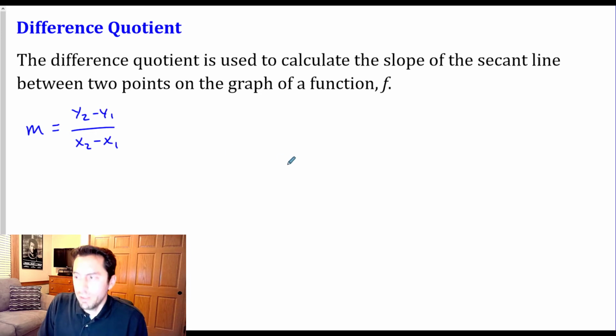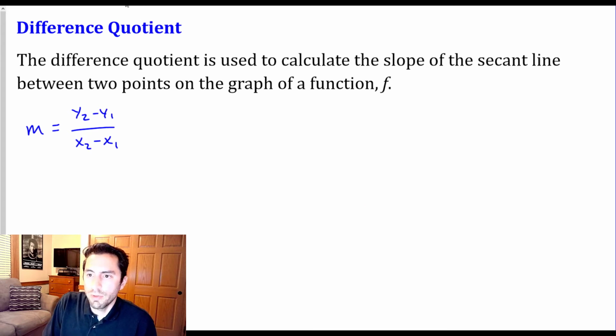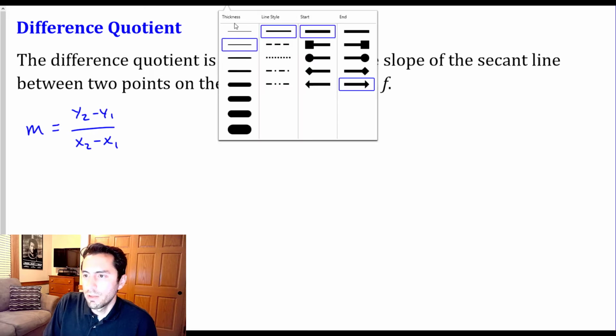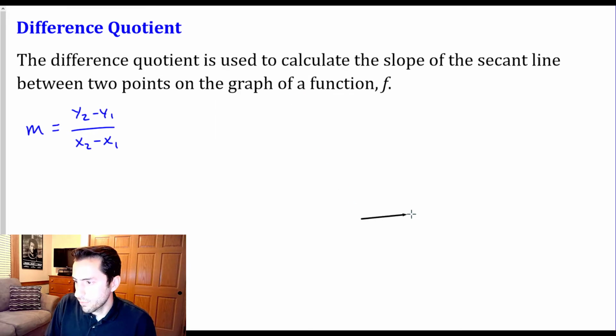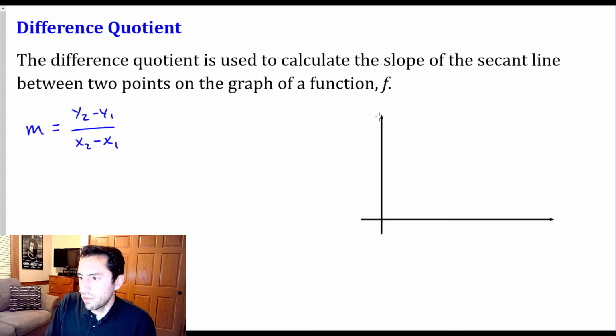Okay. Now the other piece that's important on here is the secant line. So if you remember back, the secant line, all this is, it's a line that connects 2 points, usually on a curve. So let me get a graph to show you what this looks like. And in calculus, a lot of the time we are going to be dealing with curves.